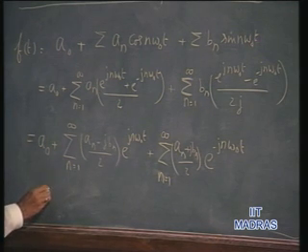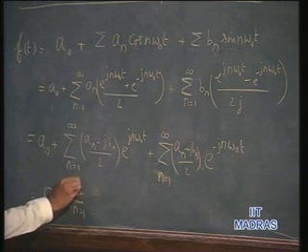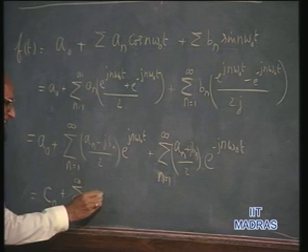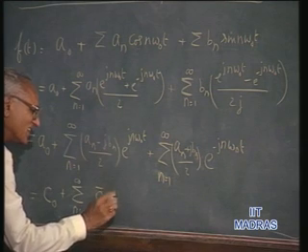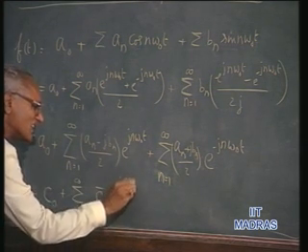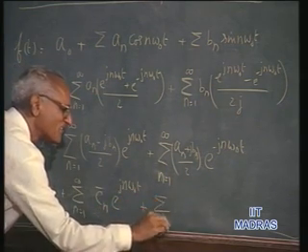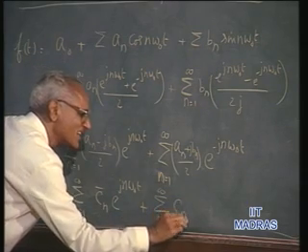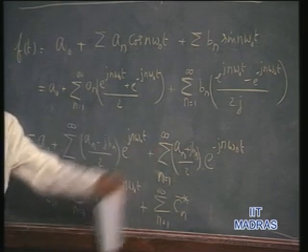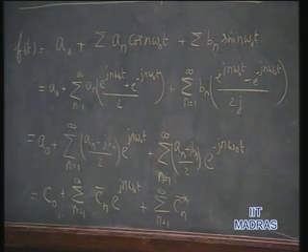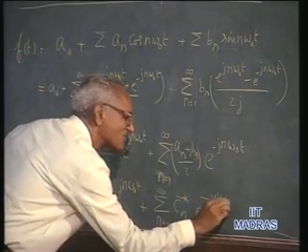Therefore I can write this as C naught plus, n from 1 to infinity, with a line on top to indicate that this is a complex coefficient Cn, e to the power of jn omega naught t, plus n from 1 to infinity Cn conjugate, because an minus jbn upon 2 is Cn, and this is its conjugate, the imaginary part has its sign reversed, e to the power of minus jn omega naught t.